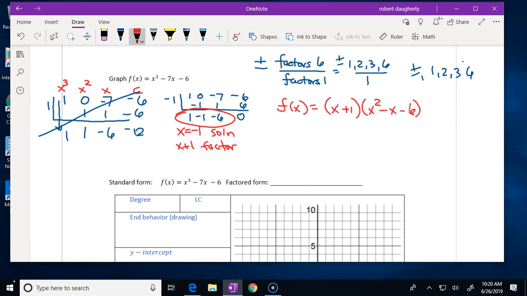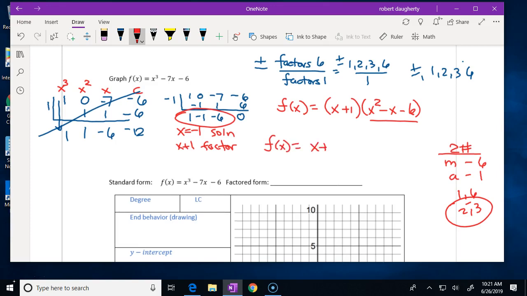Now, can I factor this? Are there two numbers that multiply to give you a negative 6 and add to give you a negative 1? The only possibilities are 1 and 6, 2 and 3. The only way to add them and get a negative 1 is when the 2 is positive and the 3 is negative.